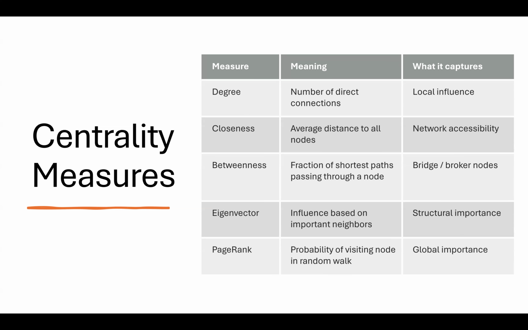And betweenness centrality captures how often a node lies on shortest paths between other nodes, identifying bridge or broker nodes that control information flow. And eigenvector centrality measures influence based on the connections to other important nodes, and PageRank estimates the probability of reaching a node through random walks, capturing global importance in the network.